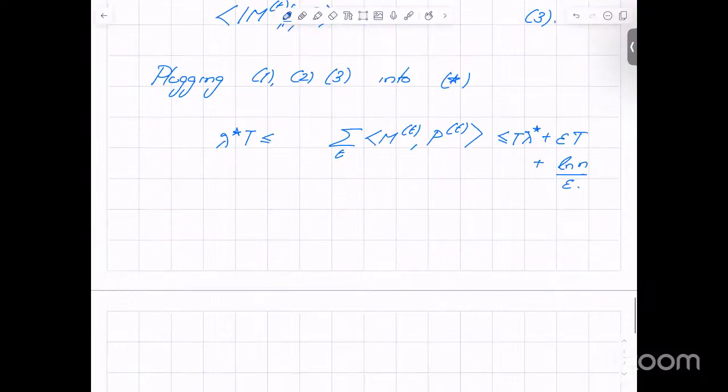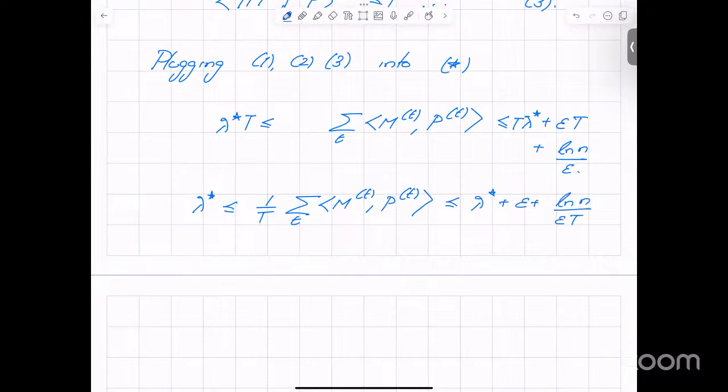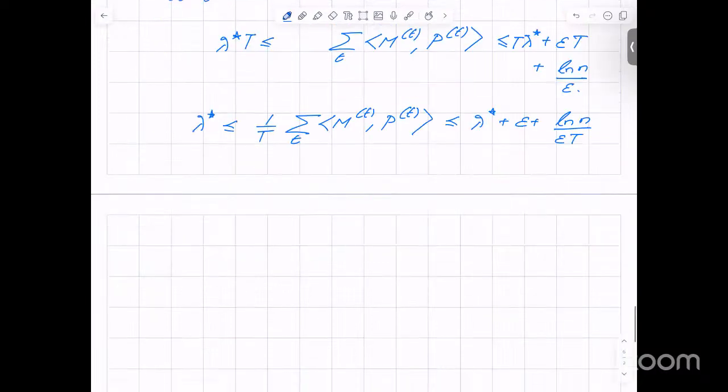In other words, we have nicely sandwiched this number, 1 by t summation over t of M P_t, between lambda star and lambda star plus epsilon plus ln n by epsilon t. We want this to be delta. So let's now set parameters.